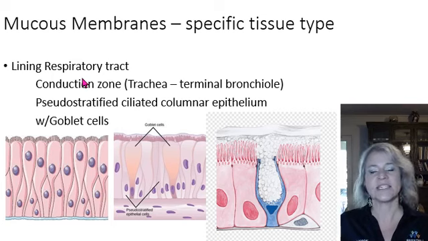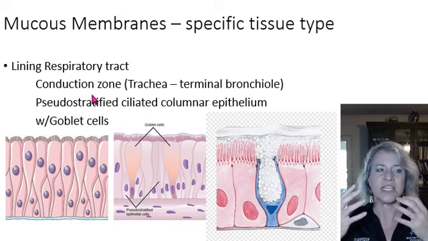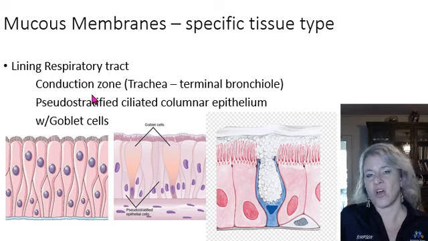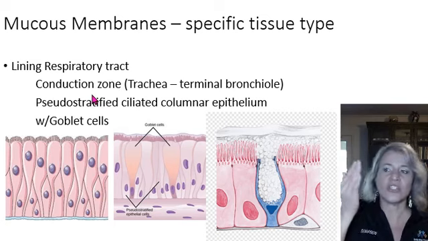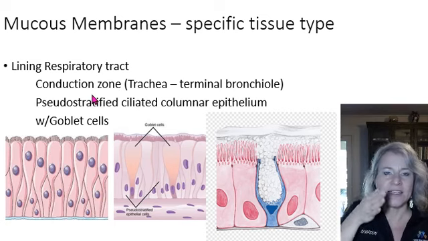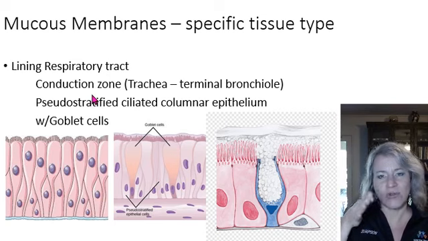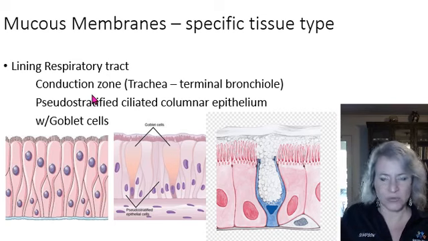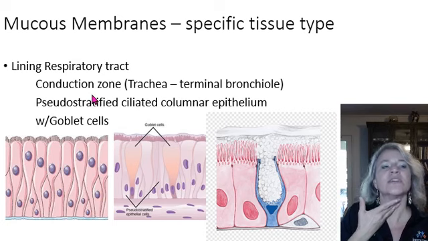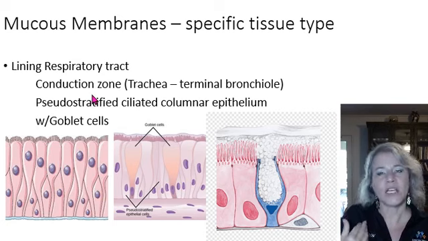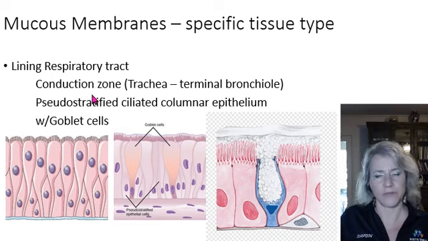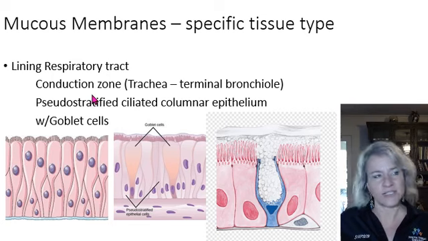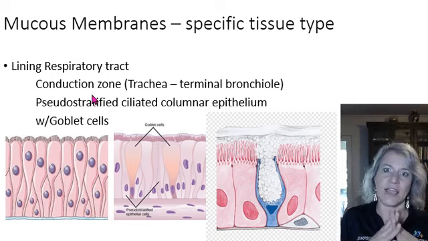All of that part of the respiratory tract is just carrying air down to the tiny little alveoli where you can have gas exchange. So on its way, it has to travel through all of these passageways before it gets down to where you actually have gas exchange.